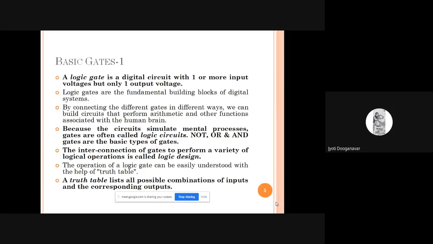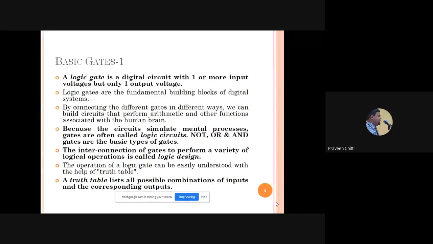Yes, logic gates are the fundamental building blocks of a digital system, which I already told. There are various logic gates, which can have one input or more than one input, but there is only one gate which has a single input, and all the other gates which we'll be studying will have two or more inputs. For different logic gates, the input and output combinations are listed in tabular form, and the input output relationship is also mentioned.